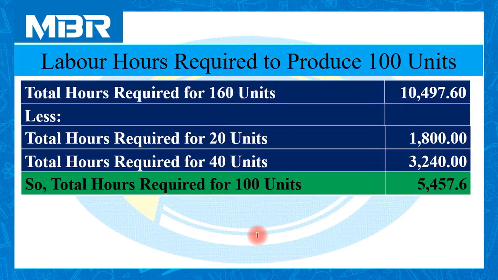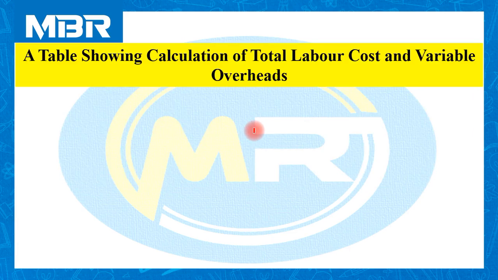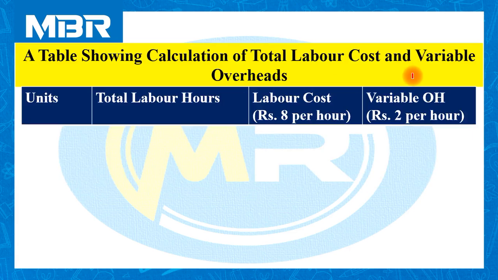After calculation of labor hours required to produce 100 units, now we can calculate the labor cost and other labor related cost. Here one more labor related cost is given, that is variable overheads, because the rate of variable overhead is ₹2 per hour.